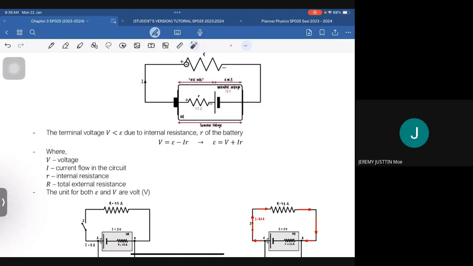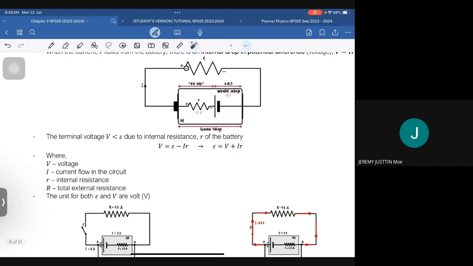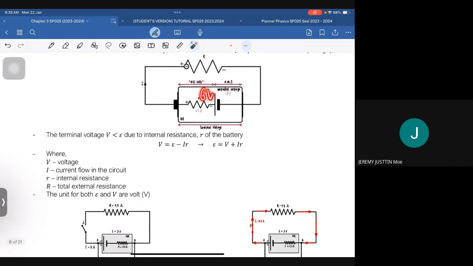That's why selalunya bila kita test battery tu, walaupun battery tu dia cakap 6 volt, tapi bila kita test guna voltmeter, dia tidak akan exactly 6 volt. Sebab di dalam battery ni, dia ada internal resistance. So due to the presence of this internal resistance, there will be internal drop of voltage, which is basically known as loss of volts lah. Okay, so berapa nilai internal resistance tu darab dengan current dia, itulah nilai loss volts dia.